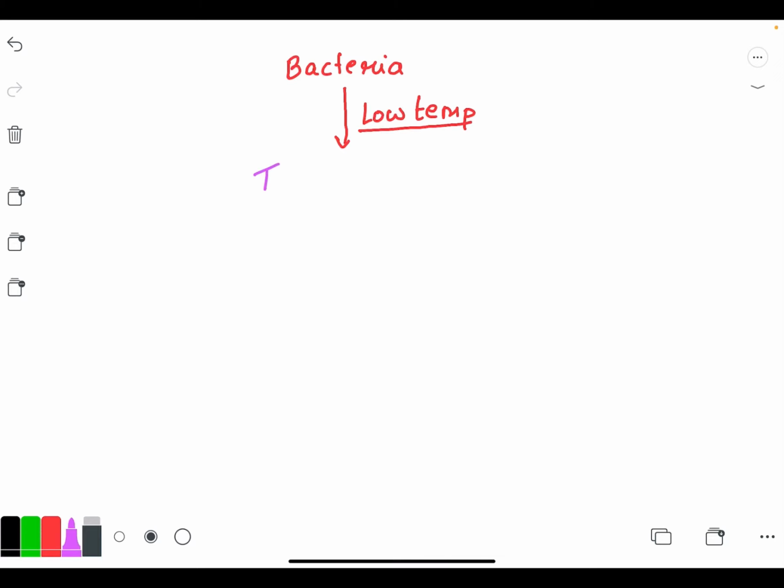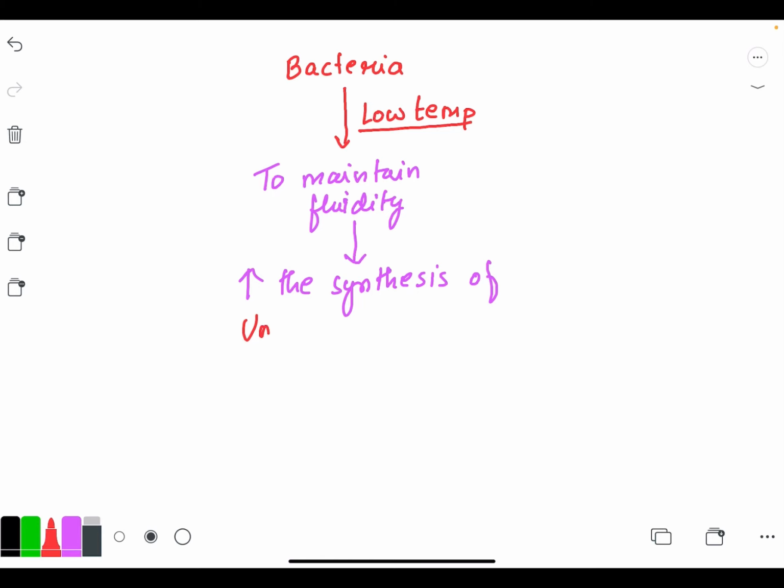So to maintain fluidity, what the bacteria will do is increase the synthesis of unsaturated phospholipids. So as we already know, if the unsaturated phospholipids increase, it will also increase the fluidity of the membrane.